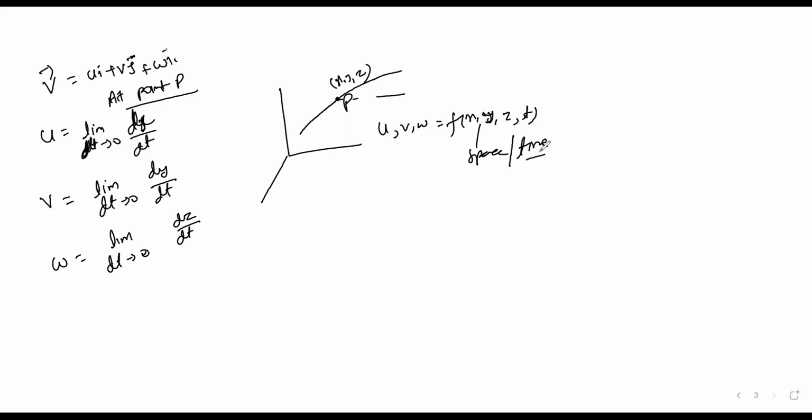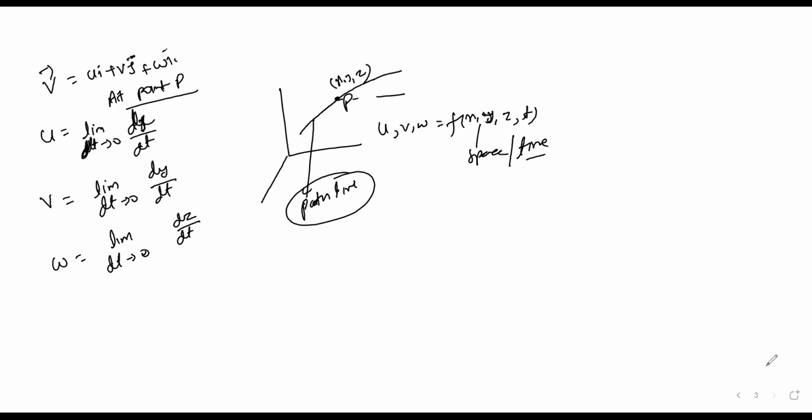After that, we will discuss that the path traced by the fluid particle is called a path line. A path line is the same for steady flow, and that is also called a streamline.